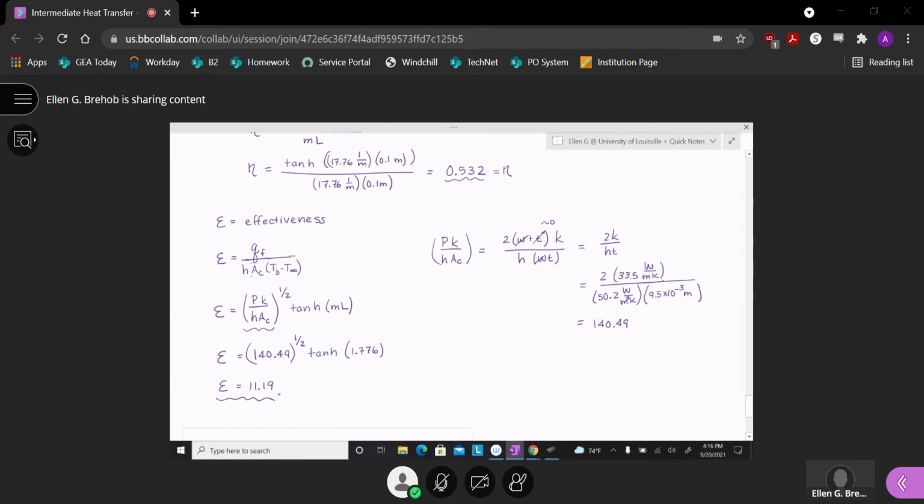This is a pretty high effectiveness, so this is a fin we would consider using based on effectiveness. We said that it should have an effectiveness of at least greater than 2. Otherwise, it's not worth paying the cost to put the fin on.